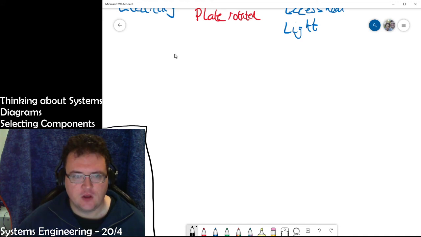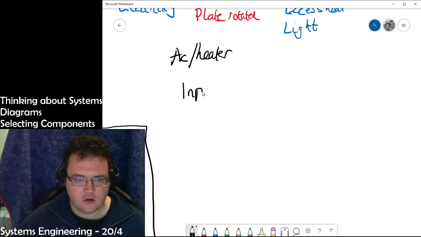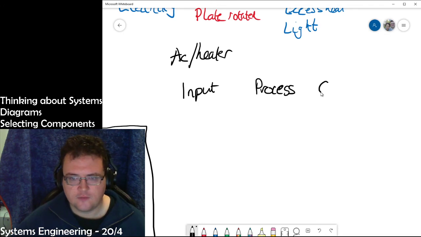So if we have an AC or heater, now we don't need to talk about literally how it does this, but if we think about what we want: input, process, output.